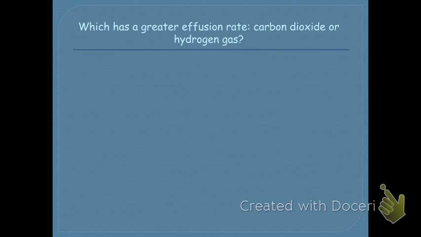Okay, so let's try this one: which has a greater effusion rate, carbon dioxide or hydrogen gas? Carbon dioxide's molar mass is around 44.01 grams per mole, whereas hydrogen gas is 2.02 grams per mole.